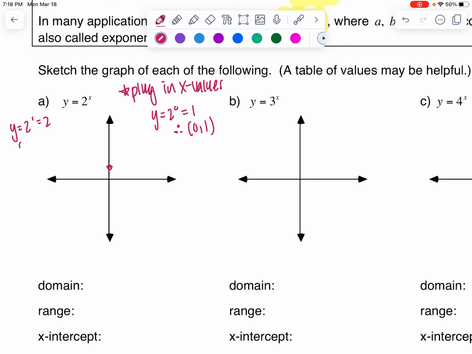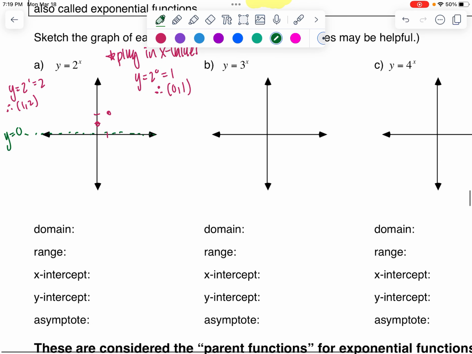So I get 2. Therefore, I have 1, 2 as my next point. Whenever we're dealing with exponentials, it's always going to have a horizontal asymptote of y is equal to 0. That is our parent function. So I can go ahead and fill that in right away.